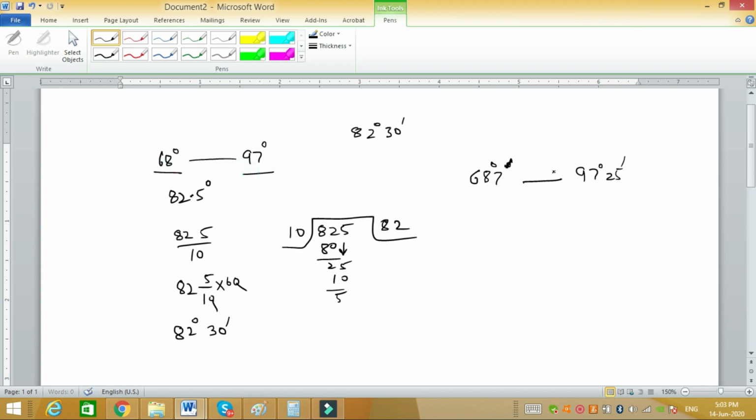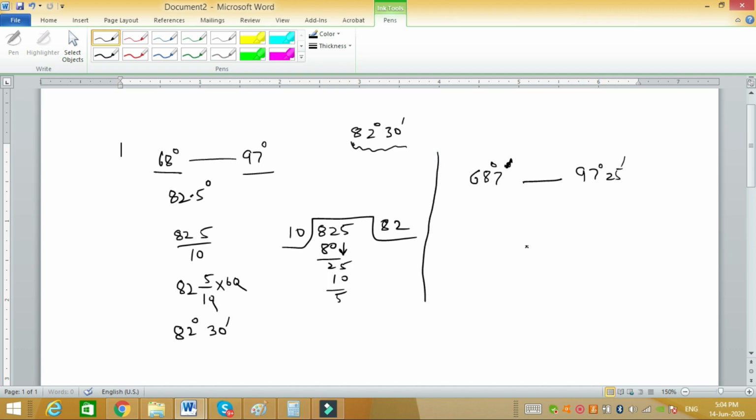Actually, if you consider these minutes also, you will get approximately the same answer, 82 degrees and 30 minutes, which is approximately in between these two. It is not the exact value. I'll tell you that truth also.